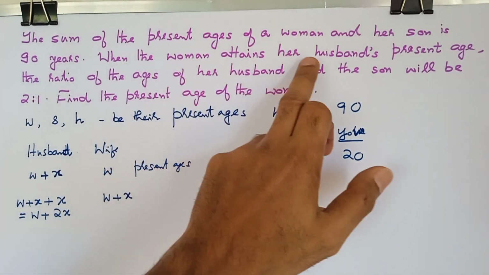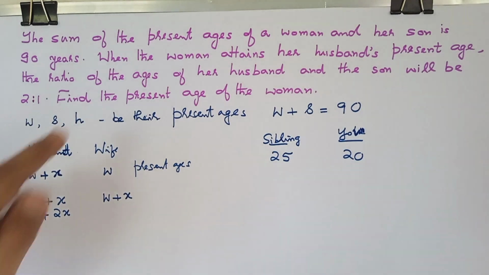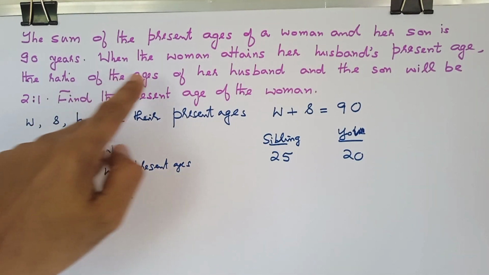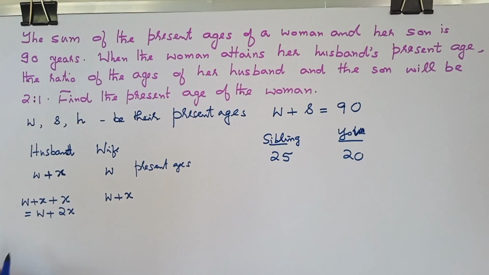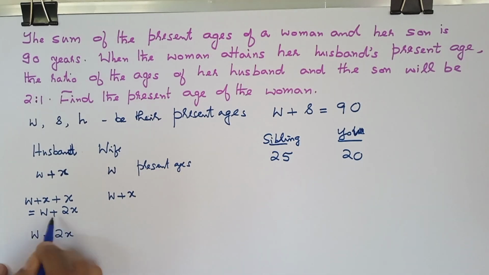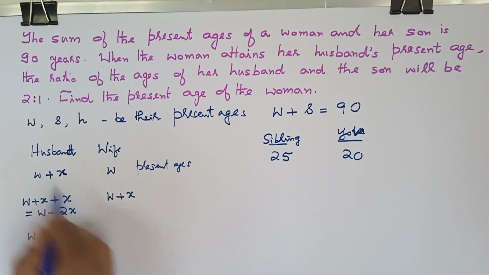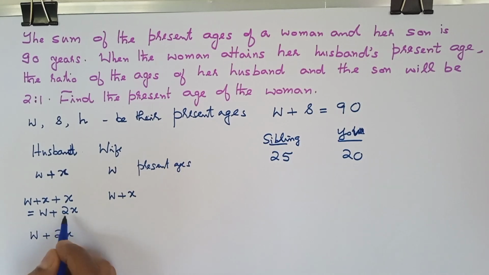When the woman attains her husband's present age, the ratio of the ages of her husband. So what will be the age of the husband when the woman attains her husband's age? This will be the husband's future age.